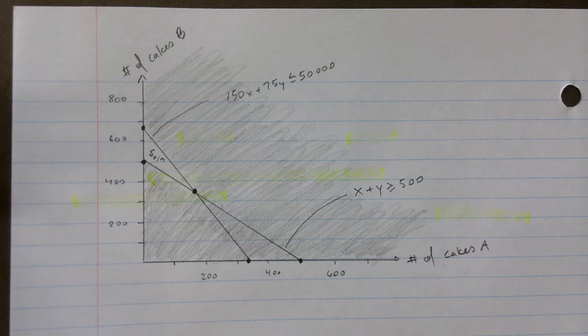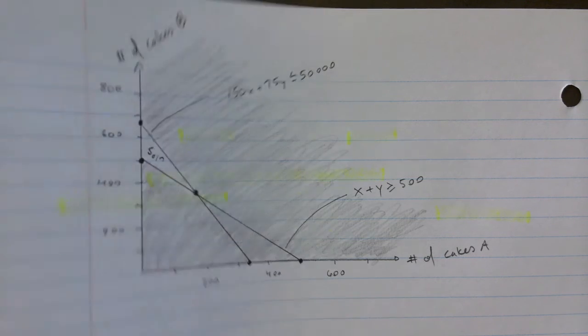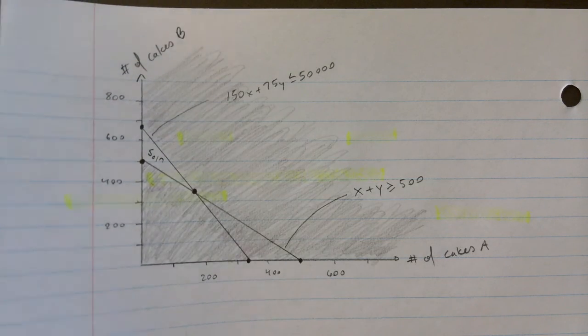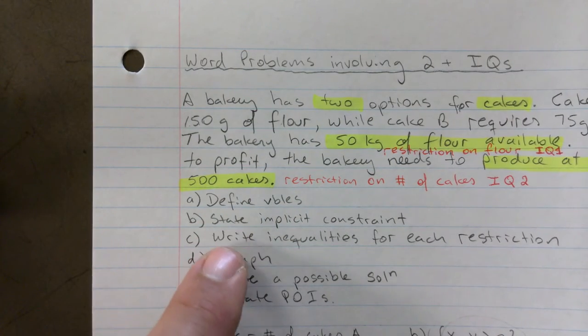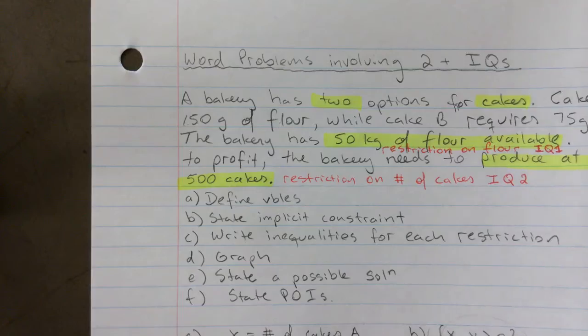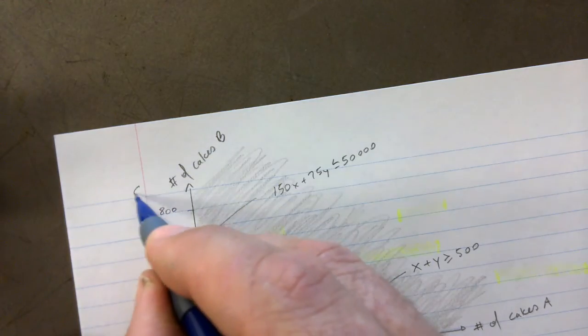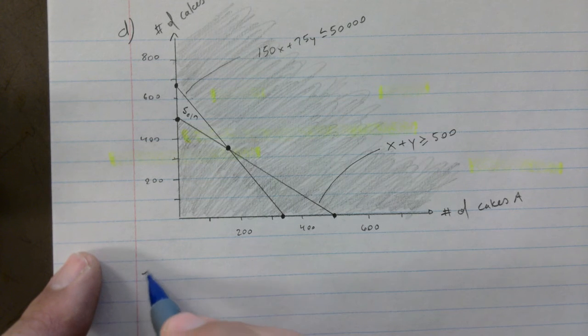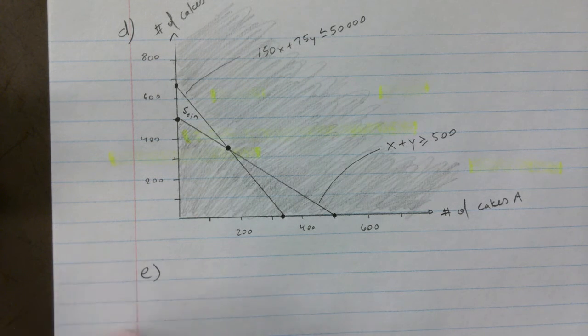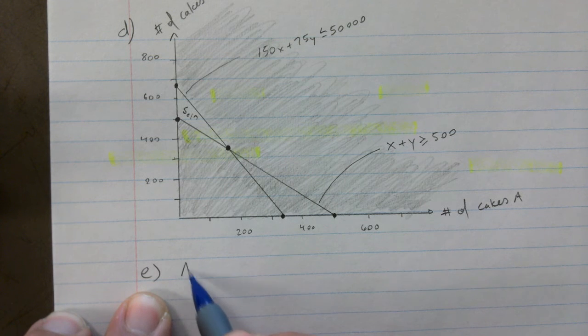I did this off script, the A, B, C, D, so I'm just going to make sure we defined this and that. The graph is D, so this is answering D. E is asking to state a possible solution.